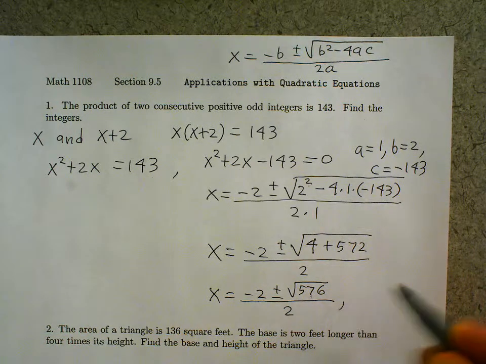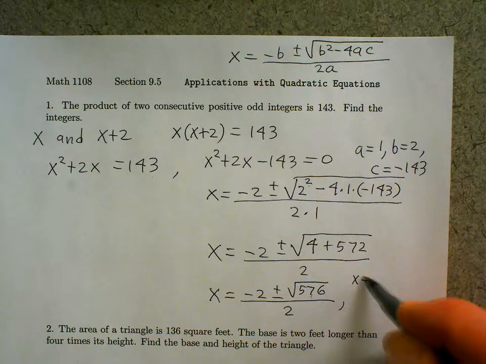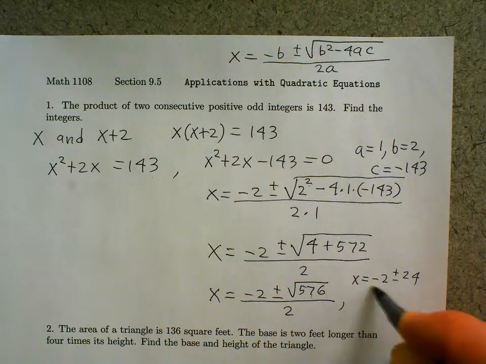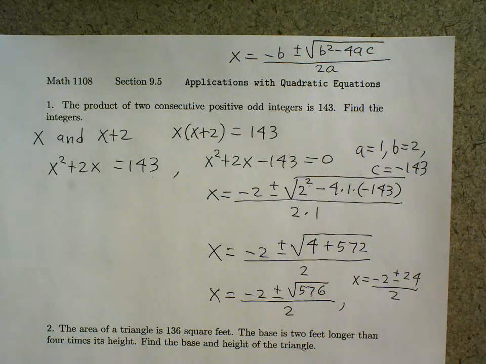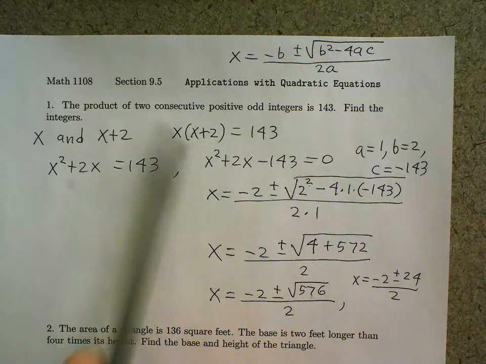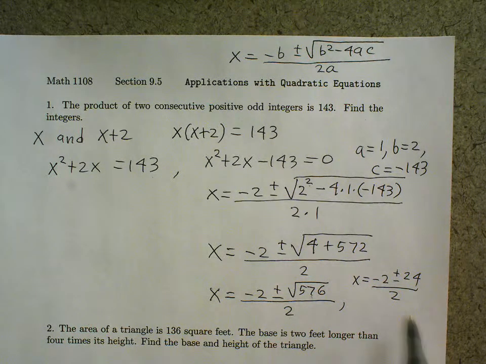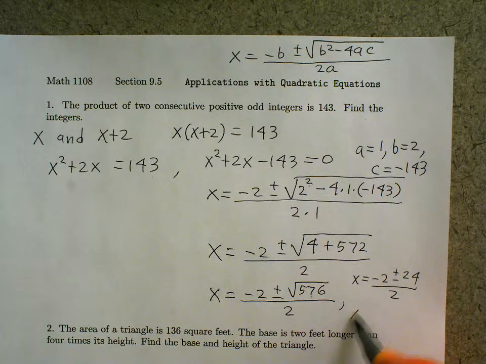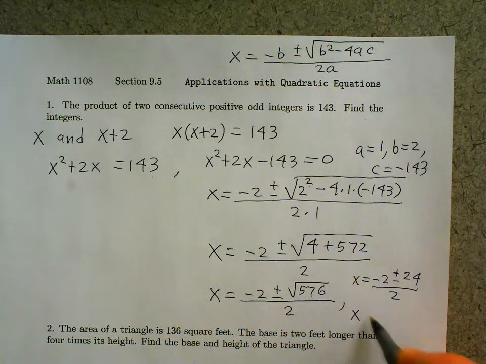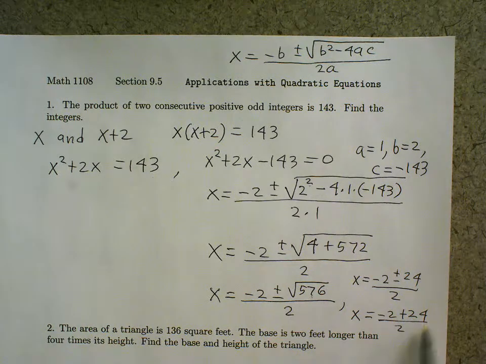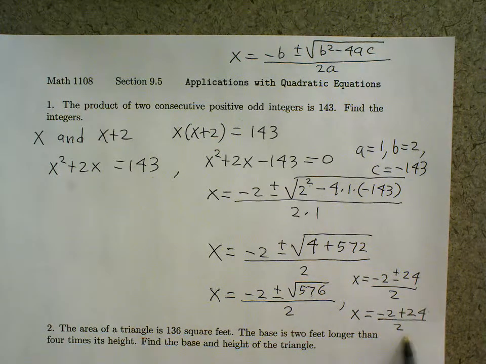So this equation has 2 solutions, x equals negative 2 plus or minus 24, all divided by 2. But in this problem, we just want the positive consecutive integers. So for our purposes, we'll just pick the positive solution, which is negative 2 plus 24 divided by 2, or 22 divided by 2, which is positive 11.